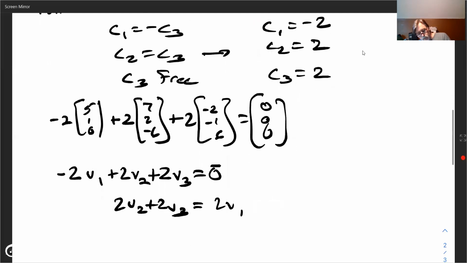This is weird, but finally I could say, vector 1 can be written in terms of the other two. You just pick one of them. So vector 1 is equal to vector 2 plus vector 3.